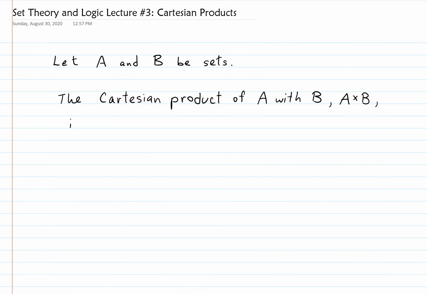It is the set of all ordered pairs of first element from A. Let me not use the word element here because I don't want to misuse it.